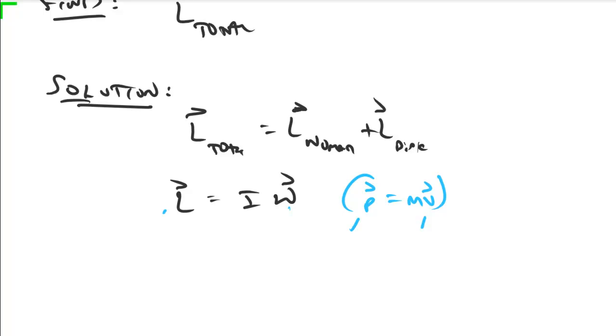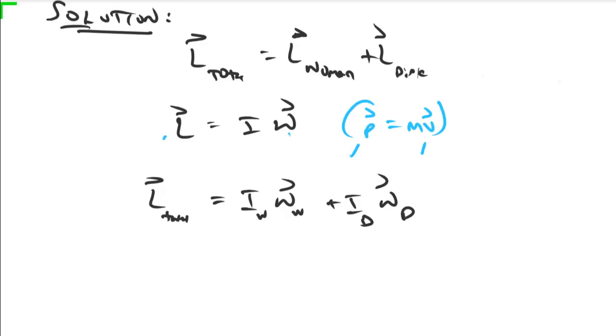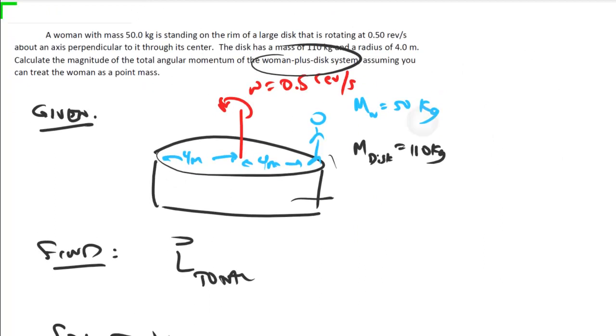So we can just calculate this out. The total angular momentum, L total, is going to be the rotational inertia of the woman times the angular velocity of the woman plus the rotational inertia of the disk times the angular velocity of the disk, right? And I'm assuming this is going counterclockwise.